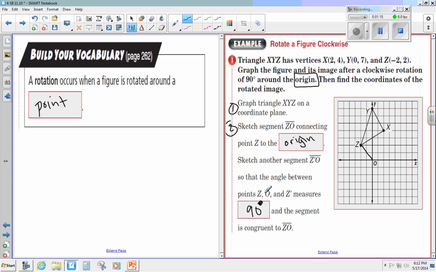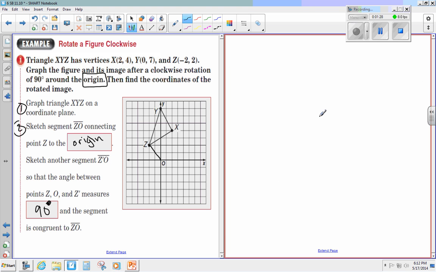Okay. Now you can use a protractor if you want, but you all know that 90 degrees is pretty much a right angle. So, clockwise rotation. If here is a clock, this is clockwise.